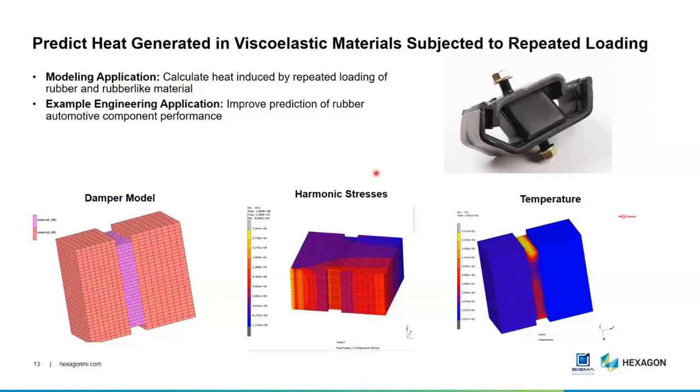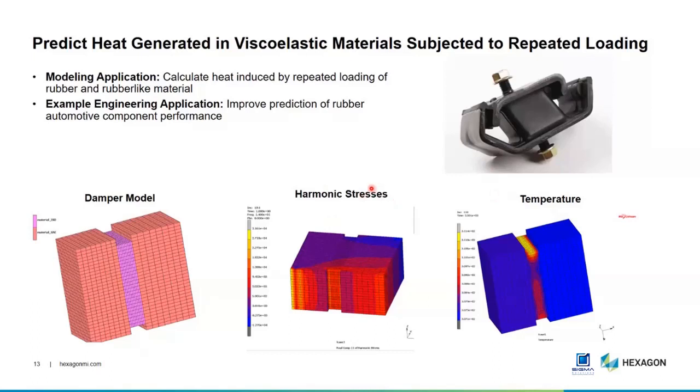It's an example of a damper model which is subjected to harmonic stress, which is a structural model. Once you have the structural analysis completed, then you can chain the simulation with a thermal simulation. So in Marc, you can either do a chain simulation, so you can do the structural analysis first and then a thermal analysis, or you can also couple the different analyses to do a structure thermal coupling, basically. So this is a structural simulation.